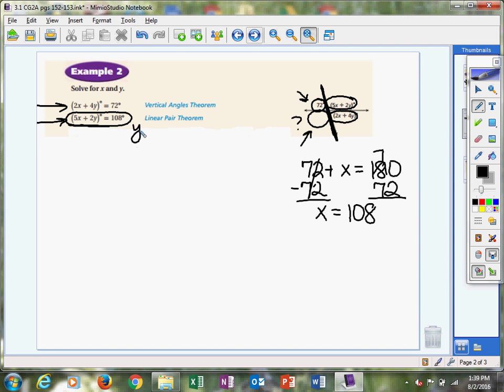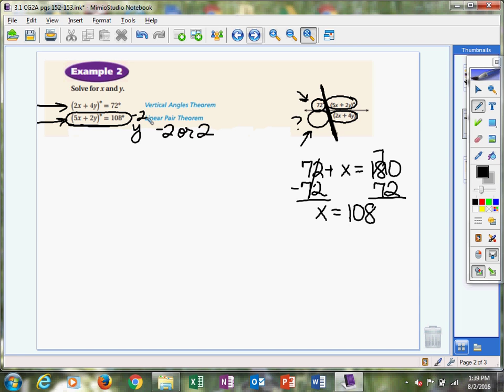So how could I make 2y become either positive 4y or negative 4y? And you either would multiply by negative 2 or positive 2 on the bottom there. Now, because I like to add my equations, I need opposite signs. I already have a positive 4y up top. I'm going to go ahead and do negative 4y down bottom. So I'm going to have to multiply by negative 2.